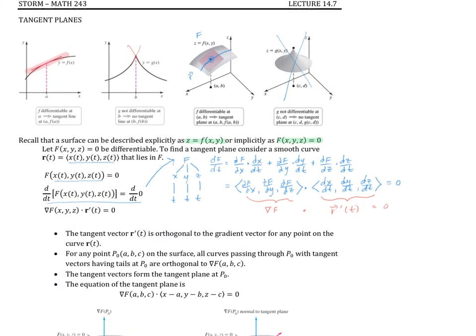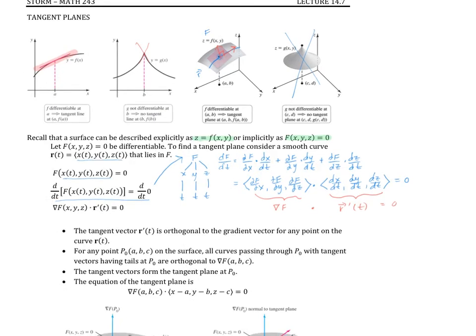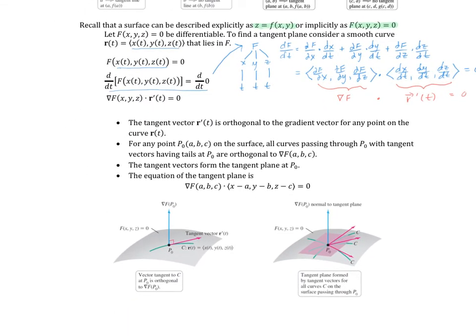So if we go back to this upper diagram, I can see that I would have a gradient vector and a tangent vector to the curve, where these are normal, or perpendicular, or orthogonal to each other. Remember the general equation for a plane from 14.1 requires that you have a point and you have a normal vector. So it turns out that this gradient vector is our normal vector.